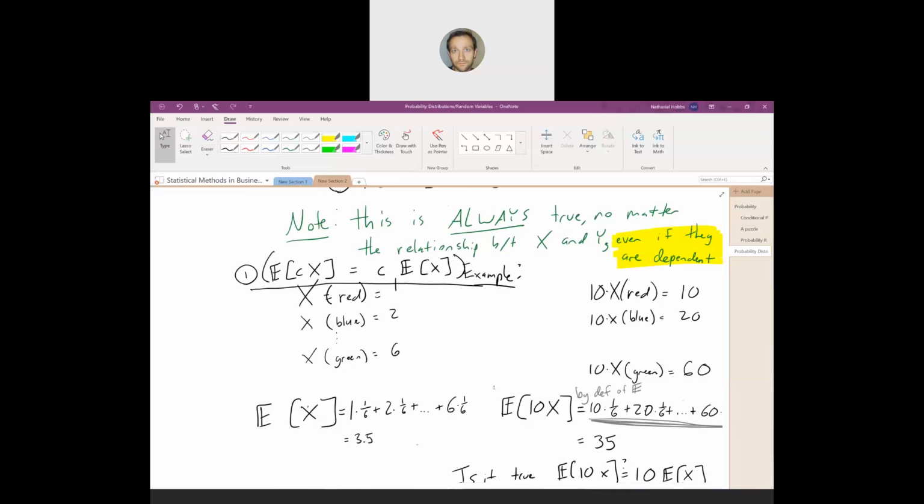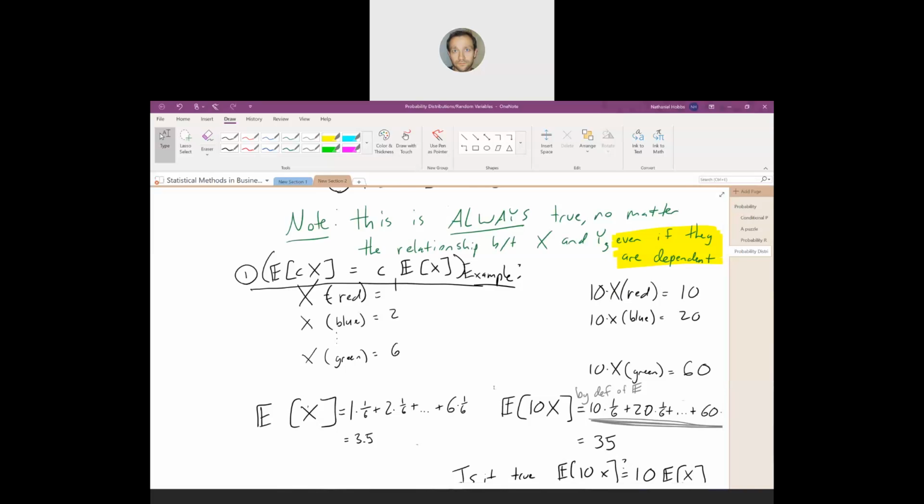So another nice thing about the average number, this expectation, and again, the expectation is a number. It's one kind of average of a random variable, the expected value. A random variable is not a number.